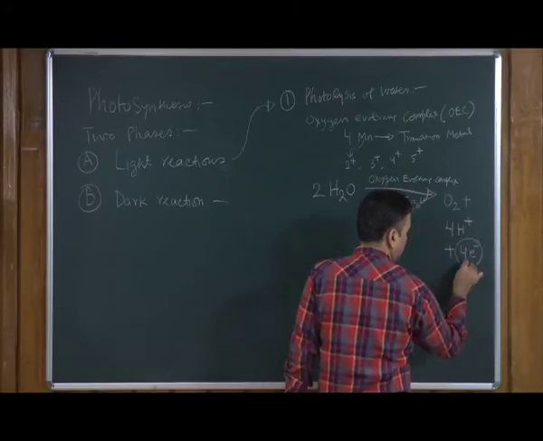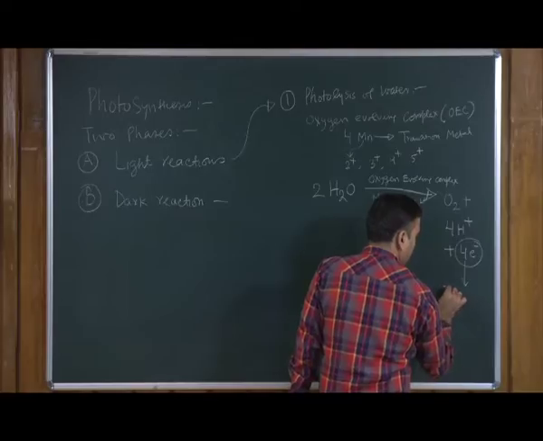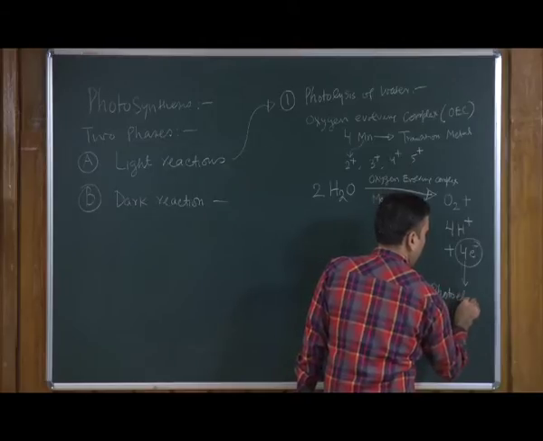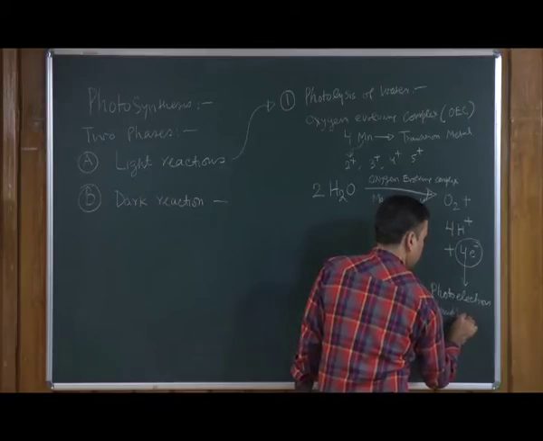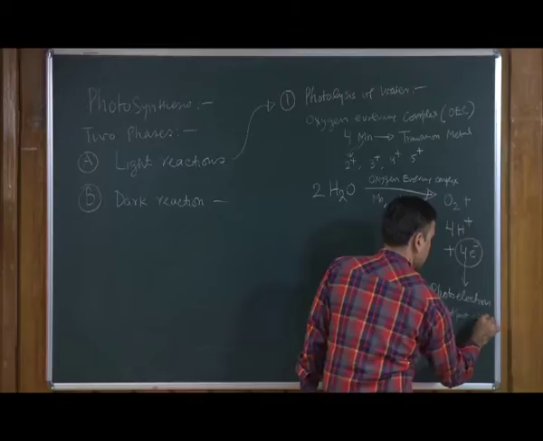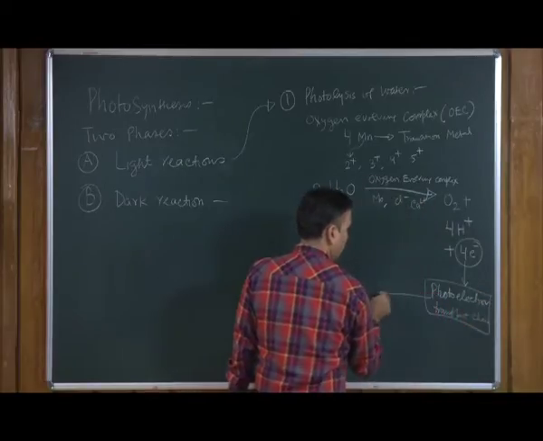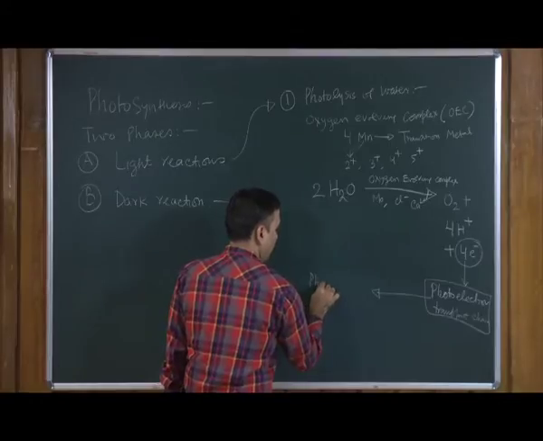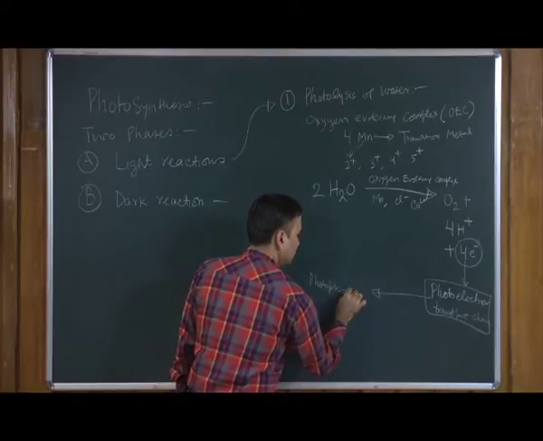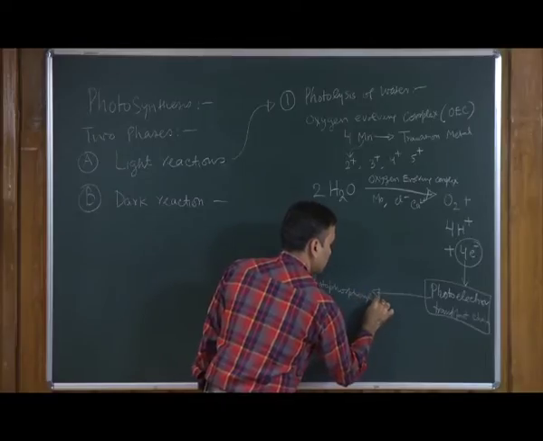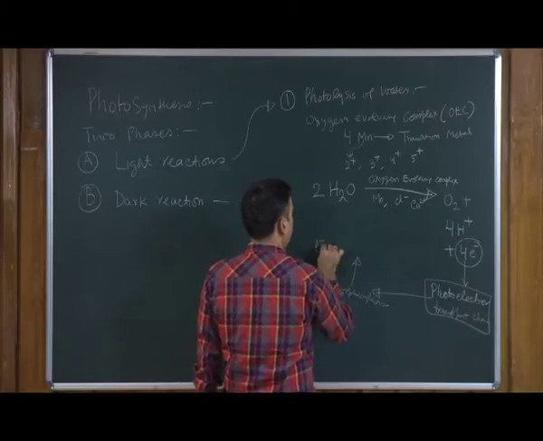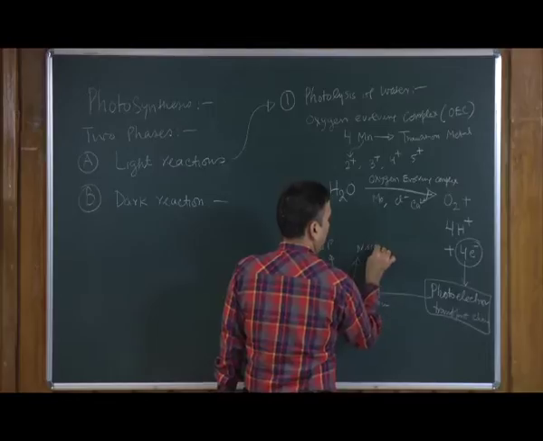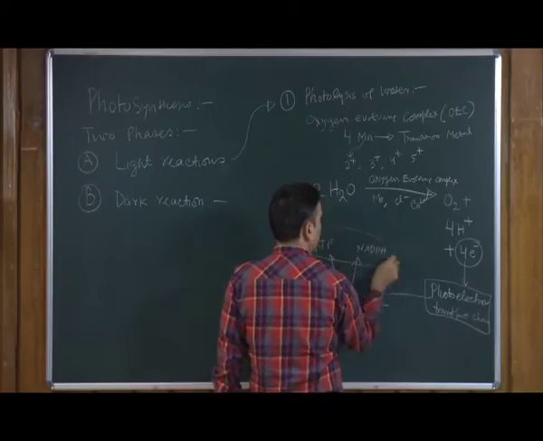These 4 molecules of electrons will go into the photoelectron transport chain, and by doing so it will do the photophosphorylation, and with the help of photophosphorylation it will produce ATP and NADPH. So that is the second step.